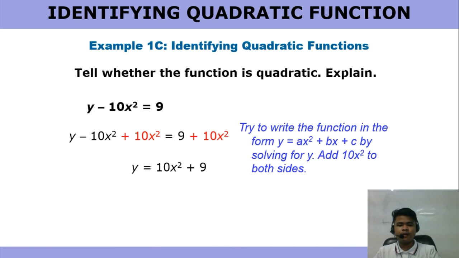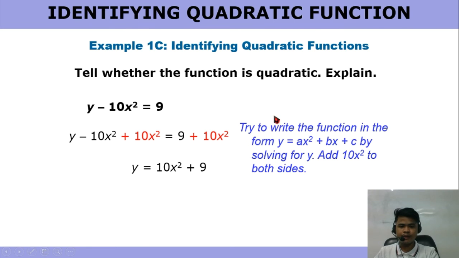Okay, let's try to compare the standard form of the quadratic function to the given function. As to what I have said a while ago, for a function to be considered na quadratic siya, it should contain the quadratic term, which is the term that contains the x squared.